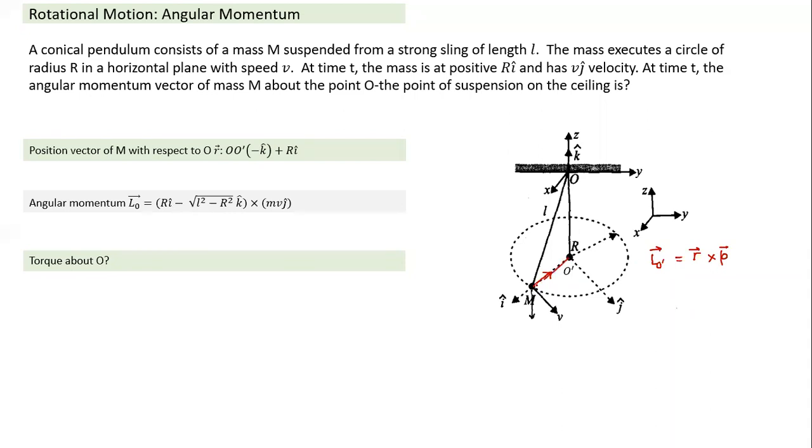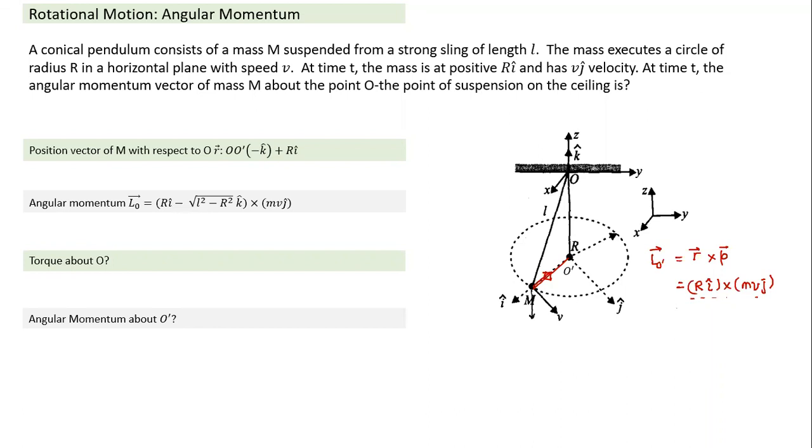The position vector is R i cap. So at this particular instance, R vector is equal to R i cap, and the momentum vector is mV j cap. And this will remain constant. It is pointing towards j cap, and at any point it will remain constant. It doesn't depend on angular position. Angular momentum at O dash will remain constant because torque about O dash is 0.